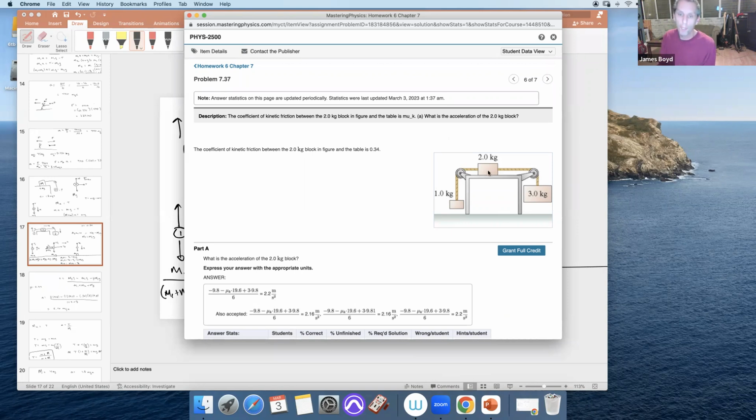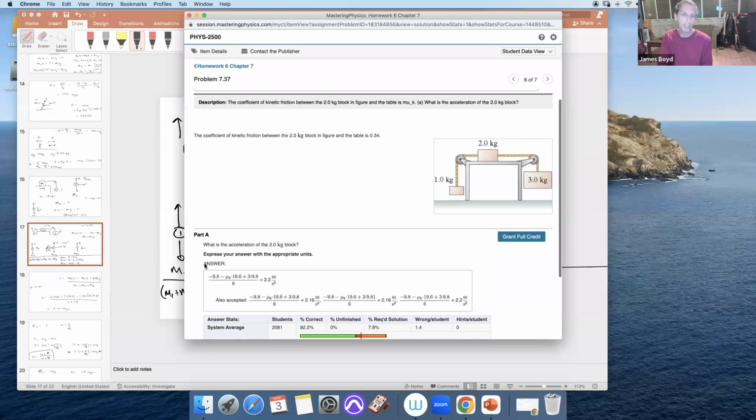So you know that the friction on 2 has to point back to the left because it's going to the right. Make sure that you call these tensions tension to the left and tension to the right, or tension 1 and tension 2, whatever you want to call it. But those ropes have different tensions.